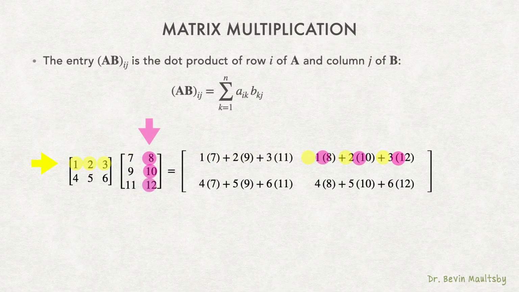Moving over to the right, in order to get the entry in the position 1,2, we will take the dot product of the first row of A and the second column of B, and then coming down to the second row, the entry in the 2,1 position will be the dot product of the second row of A and the first column of B. And to finish this computation, the entry in the position 2,2, the second row, second column of the product, will come from taking the dot product of the second row of A and the second column of B.